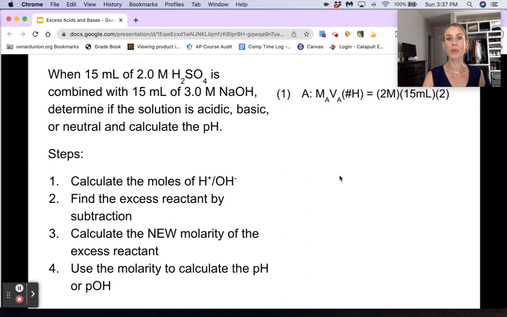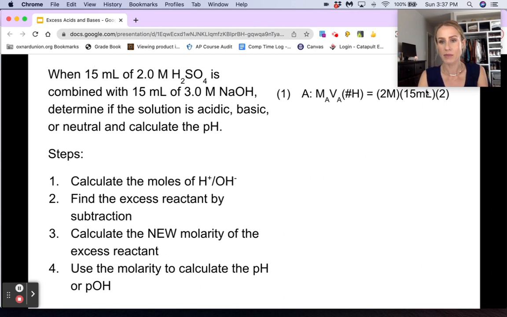So we get the molarity of the acid times the volume of the acid, and then obviously times the number of hydrogens in that solution, because we can see here that if I have 2 hydrogens in this sulfuric acid, when this dissociates, I'm going to get 2 moles of H plus for every 1 mole of this. So that's why I'm going to multiply it by 2. So I get 2 molar sulfuric acid times 15 milliliters, because that is our volume of solution, times 2.